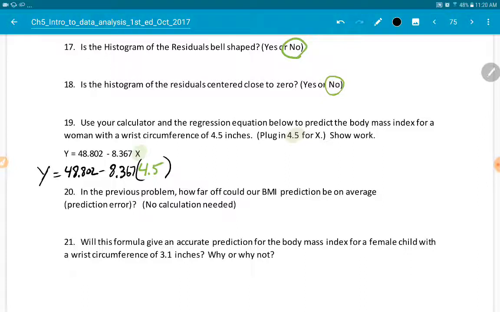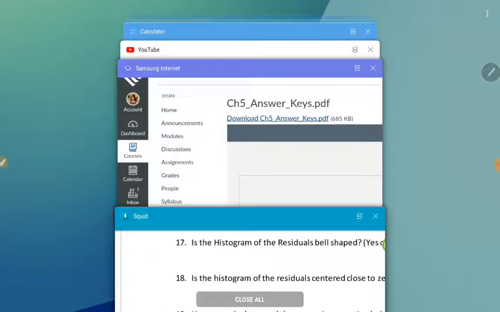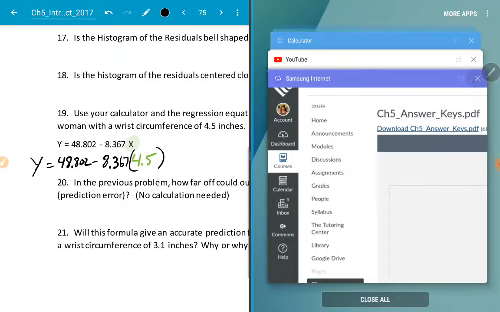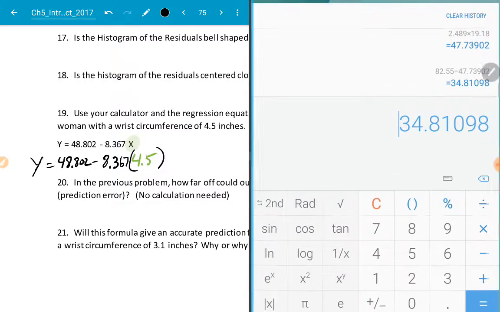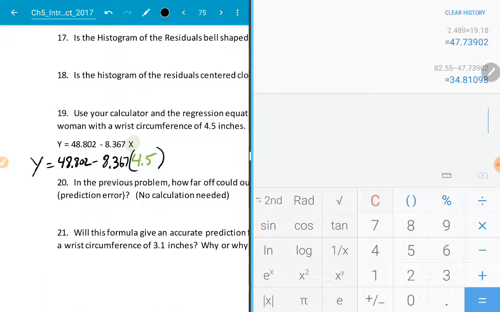Now remember your order of operations. So we need that multiplication first. So 4.5 times 8.367 gives me 37.6515. And I want to subtract that from, if I hit enter, I see that's in my history up here on my calculator. So I'll have that in my history.